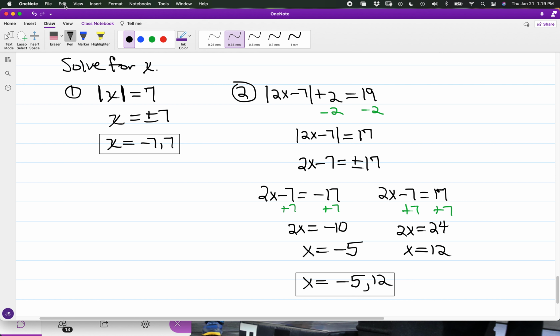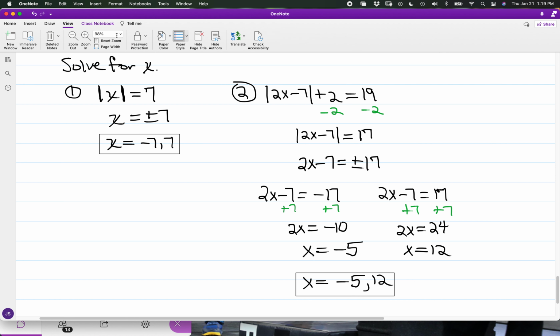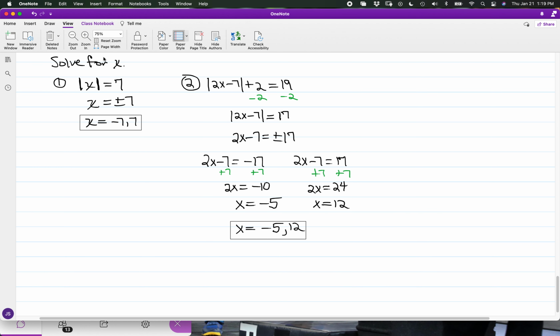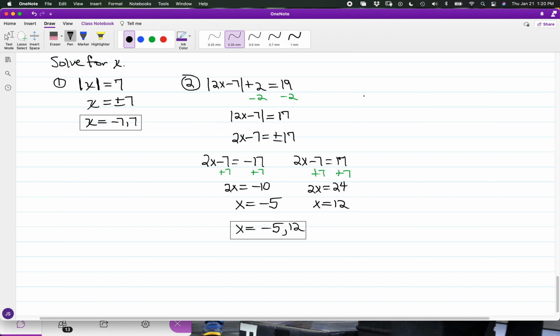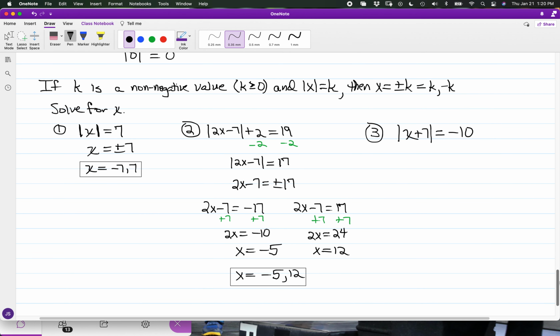Now, looking at another case, just kind of serving as a reminder. Let's say you have the absolute value of x plus 7 is equal to negative 10.